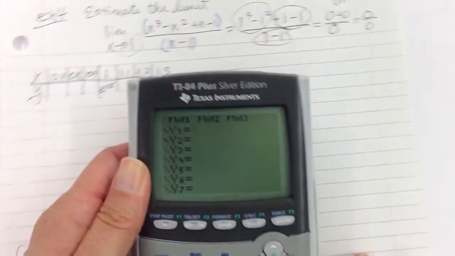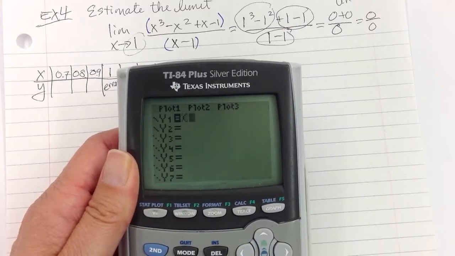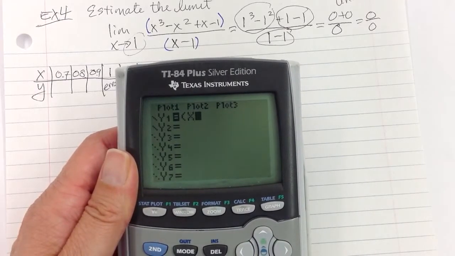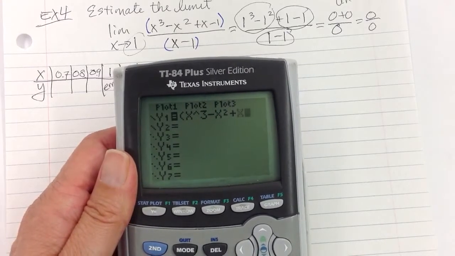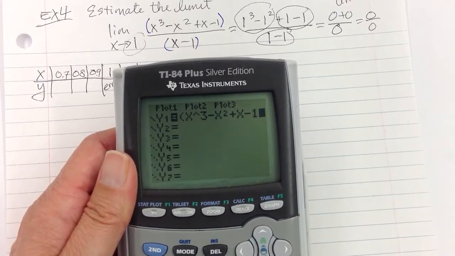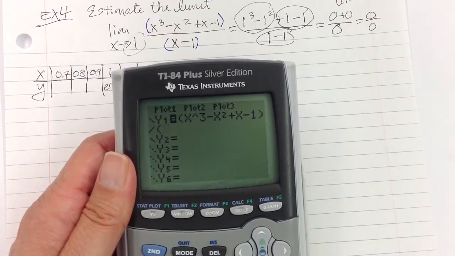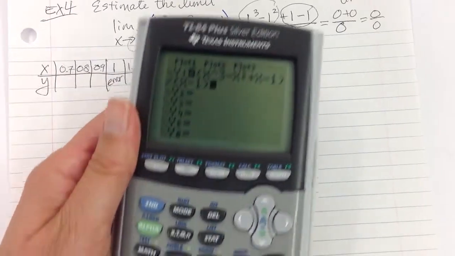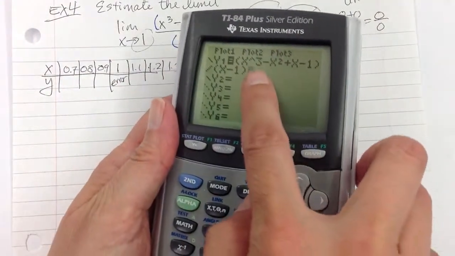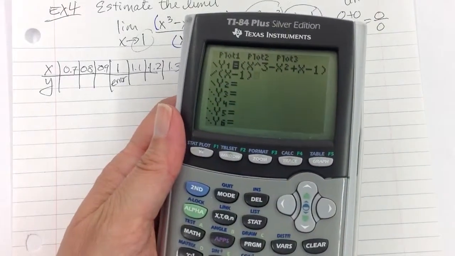I'm going to put parentheses x to the third power minus x to the second power plus x minus 1 parentheses, divided by parentheses x minus 1 parentheses. Okay, so your numerator needs to be in parentheses divided by your whole denominator in parentheses.